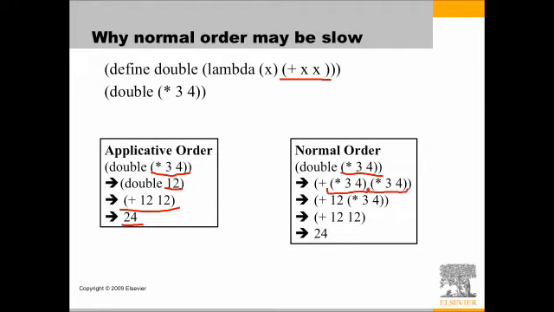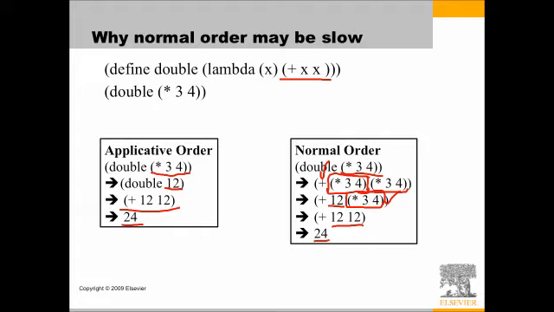So we first need the value of this left-hand operand, so we evaluate it to get 12. And now we need the value of the right operand, so we evaluate it, getting 12, and we get 24. But you see there's one additional step here because we evaluate times 3, 4 twice. Once here, and then once here.